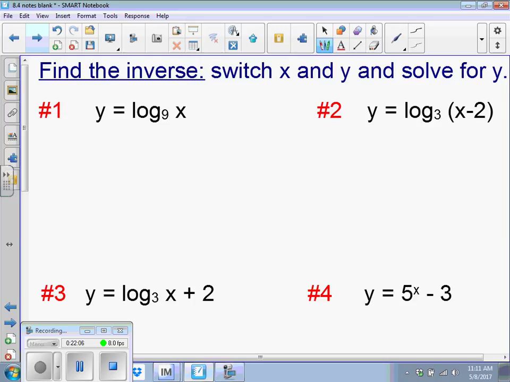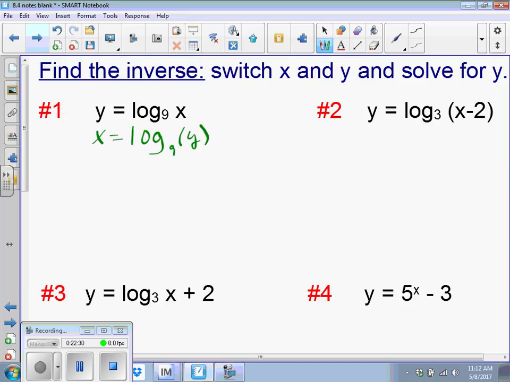Step 1, switch x and y. So this will be x equals log base 9 of y. Step 2, solve for y. We need to change both sides to exponential form.